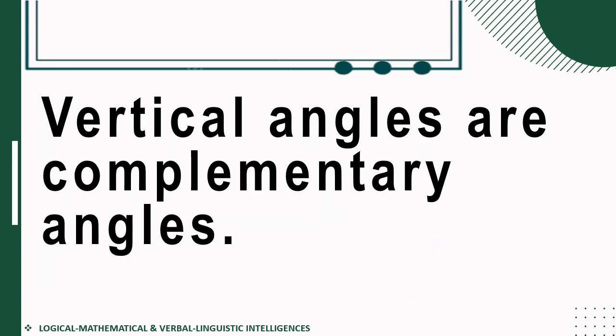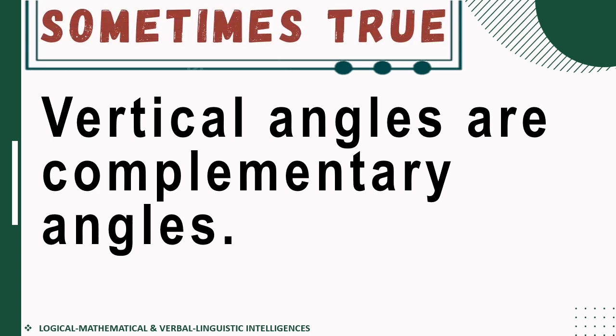Vertical angles are complementary angles. This is sometimes true, so not all the time. Let's say for example, we have these two intersecting lines. Let's say this is our angle 1 and this is our angle 2.